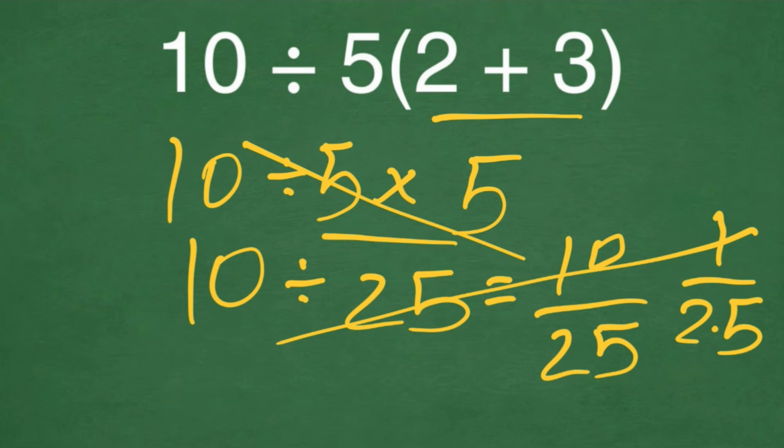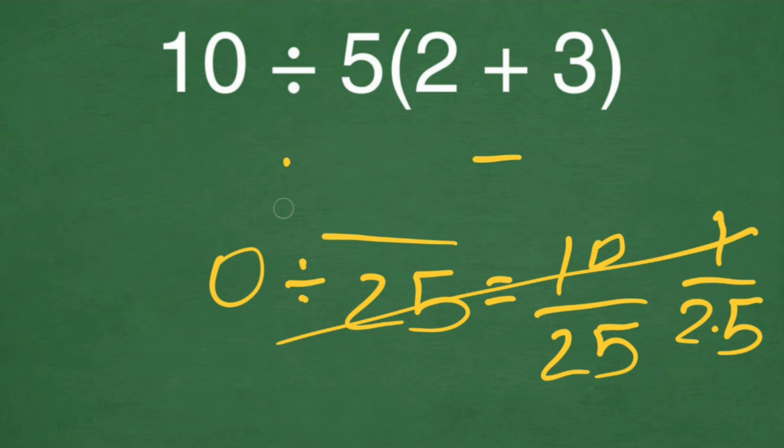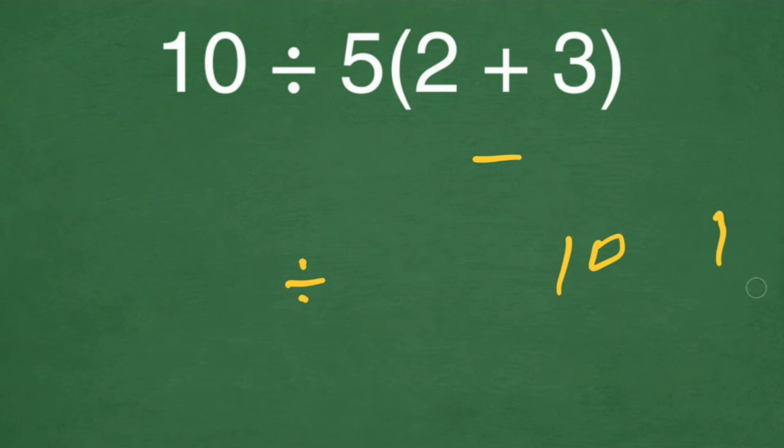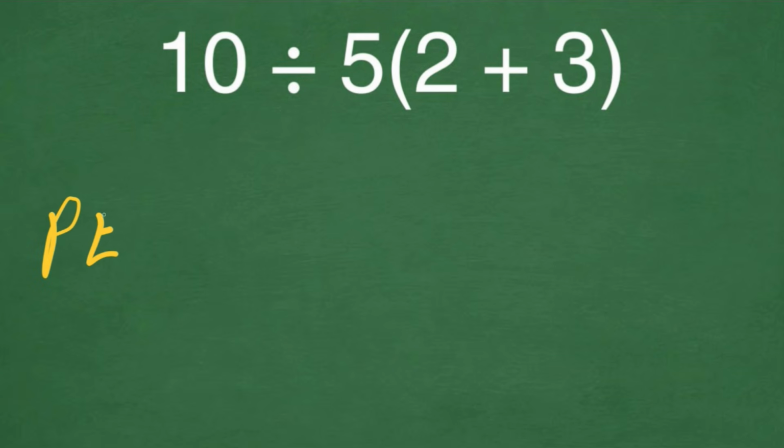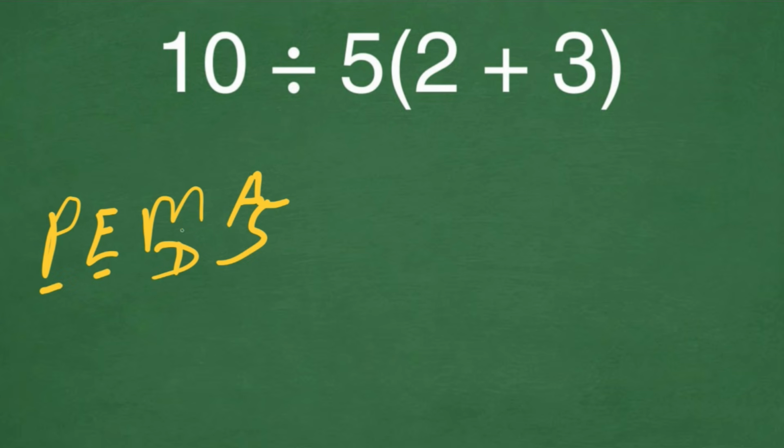But this answer is not correct because according to the order of operation, I am going to write the order of operation here real quick. So according to the rule PEMDAS, P stands for parentheses, E stands for exponent, M and D stand for multiplication and division, A and S stand for addition and subtraction.